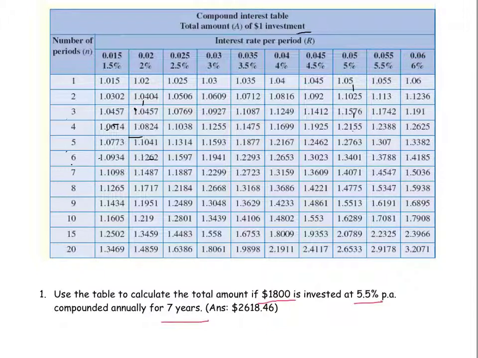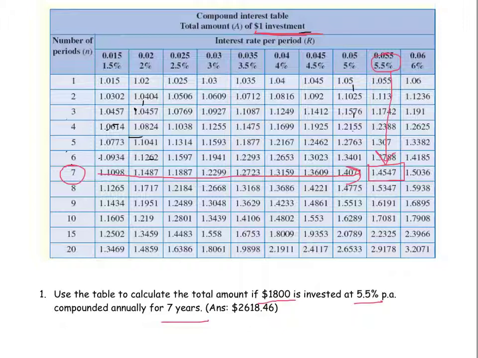So the first thing we're going to do is circle the 5.5%, circle the 7 years, draw the line across, and draw the line down. So this is the number we're looking at. Now, remember, up here, this is what $1 will grow to.